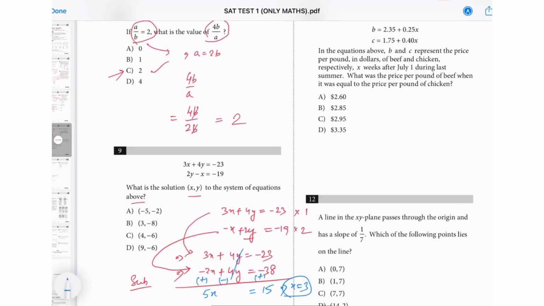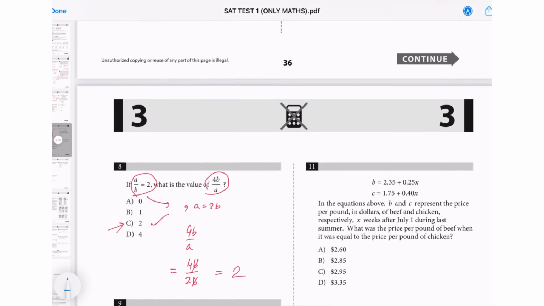Now observe, we have x equal to 3 only in one option, so we can go with B. Why have I not found y? Because in y we are having two similar options. If by chance we find y first and we get minus 6, let us suppose, then we are unsure which option to take. Then we'll have to find x also. So here I just found x because the x coordinate is not repeating. This is an idea which you can also take.